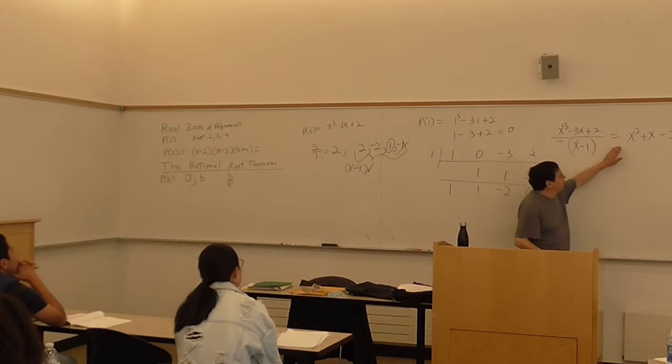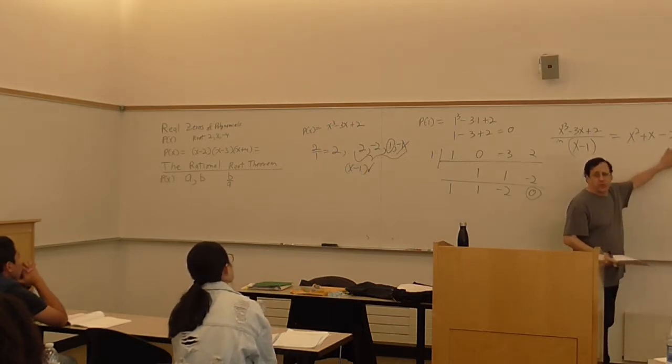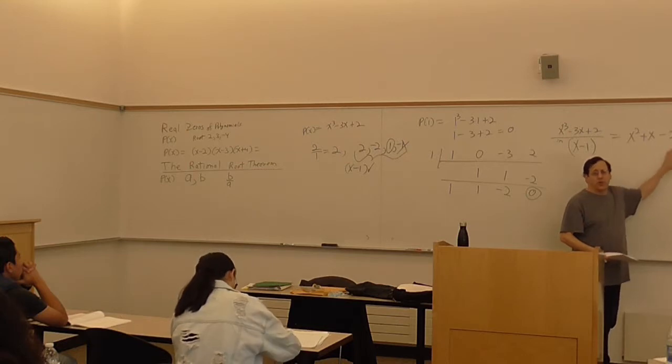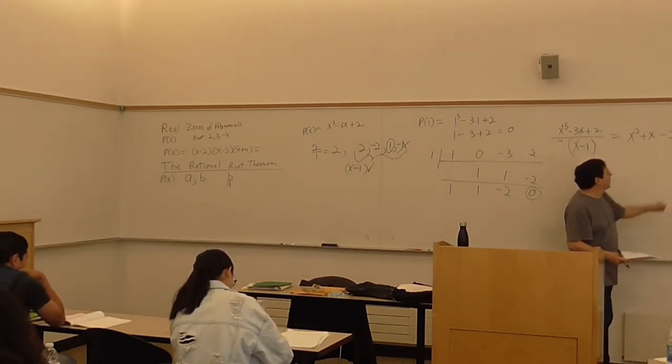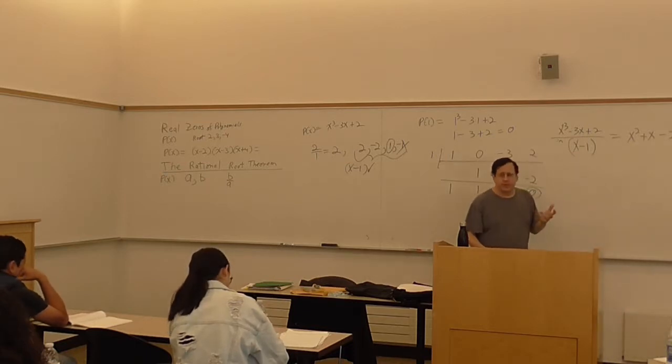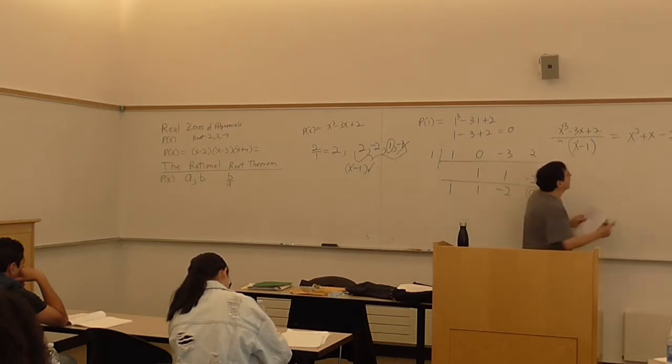Well, as I said, since it was third degree, this is now second degree, and I don't really have a problem with it because I can use the quadratic formula to find the roots here. Whenever I get something down to second degree, there's kind of a quick, easy way. So let's take a look.